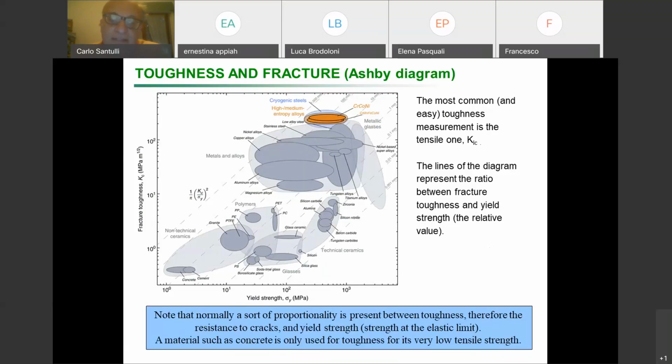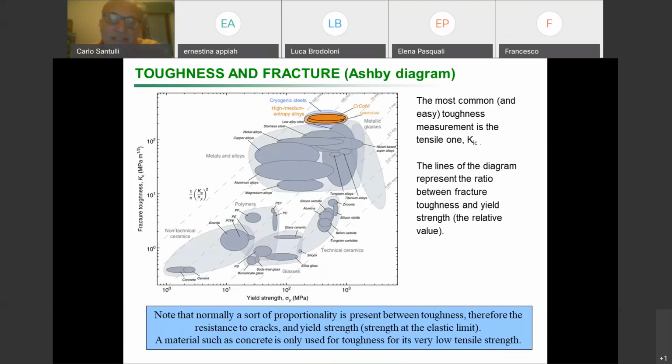Again, the polymers are there, and technical ceramics, the ceramics with little porosity, are there. What is very interesting is that there are some alloys based in particular on chromium, cobalt, and nickel that are really very capable of undergoing very high forces, and they also have a considerable toughness.